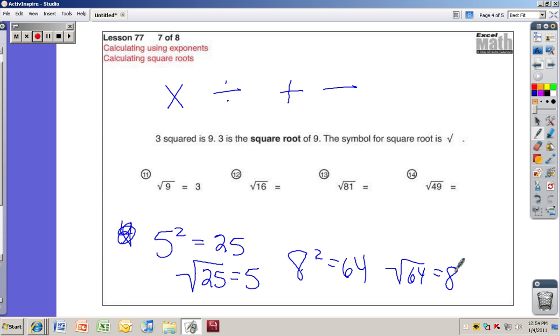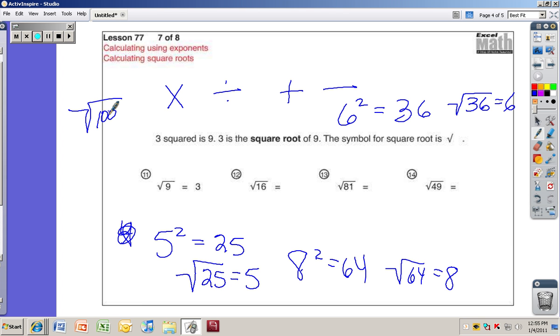What about 6 squared? What's 6 squared equal to? 36. So the square root of 36 is? 6. Okay. How about the square root of 100? Would that be 50?